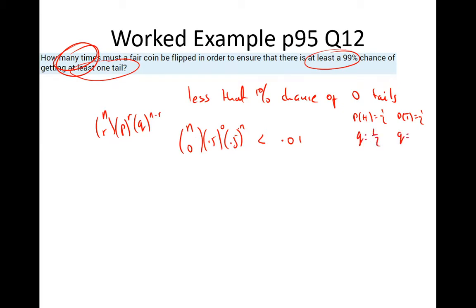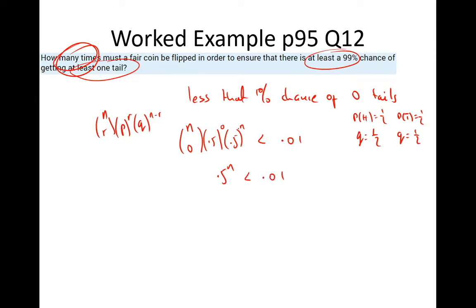And q is also going to be a half. Okay. So in this case, we want to find out no tails. So out of that number of goes, which you're trying to find n, I want no successes, multiplied by the probability of success raised to the number of successes, multiplied by the probability of failure raised to the number of failures. So this becomes nothing more than 0.5 to the n is less than 0.01.